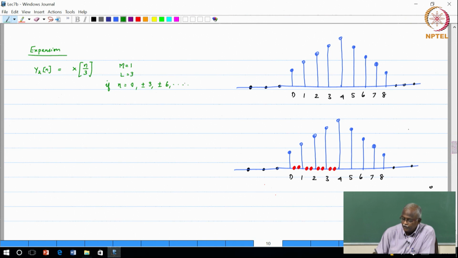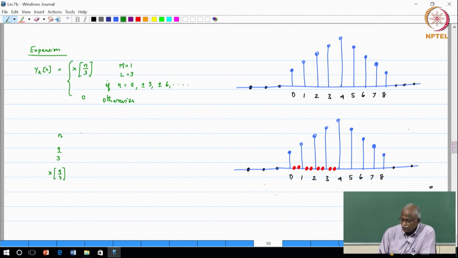In the general case, it will be 0, plus minus L, plus minus 2L, and equal to 0 otherwise.